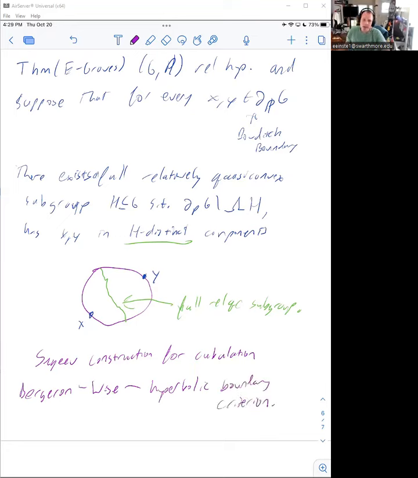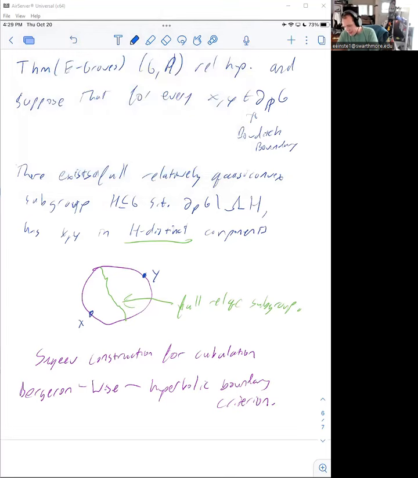So they have a similar statement for hyperbolic groups with the standard visual boundary. And if you follow what they do with the situation for a relatively hyperbolic group, this is what you get. And that's another reason why relatively geometric actions are a natural thing to think about, because you can construct them using some sort of boundary criterion.